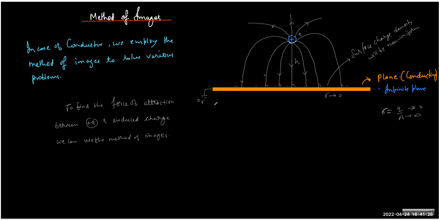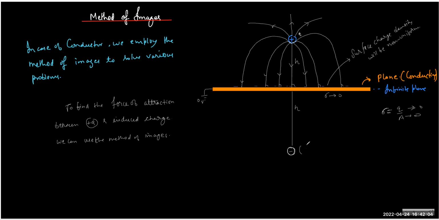So the whole idea is, you can think of the plane as a mirror, and the plus q will create the mirror image at a distance exactly h below. The rule is, you can always consider a similar charge at a distance h below, but with opposite polarity.